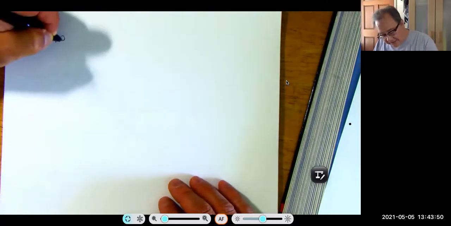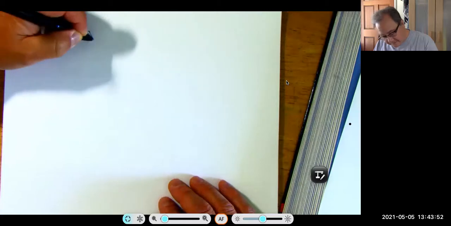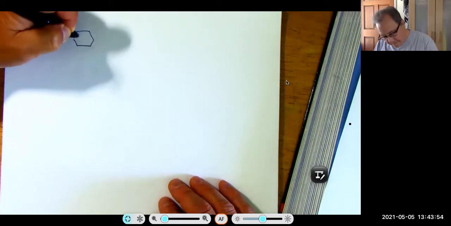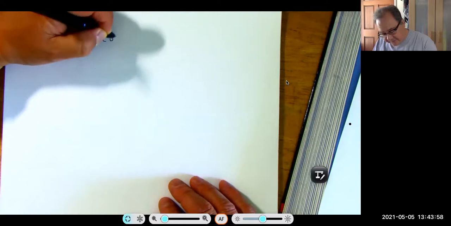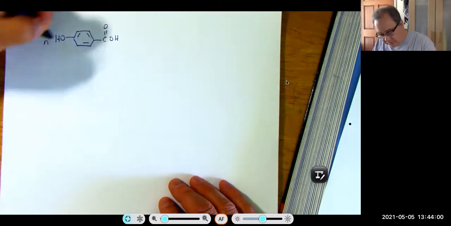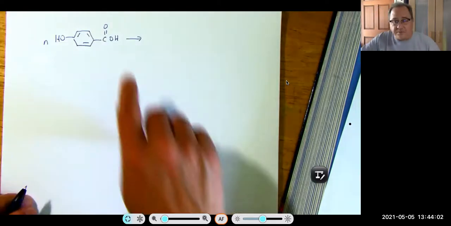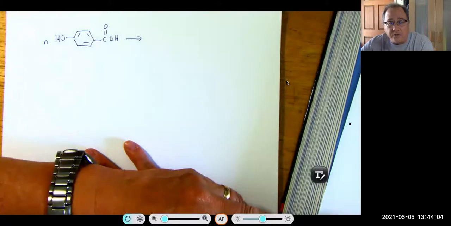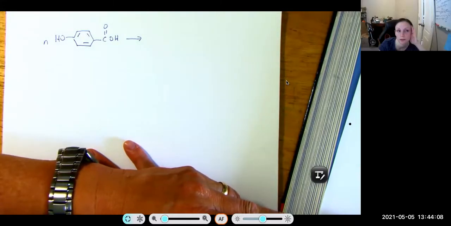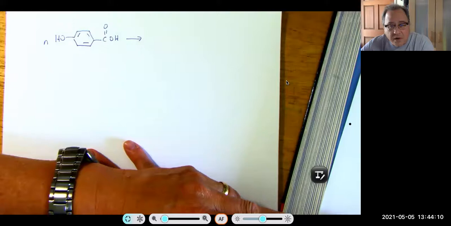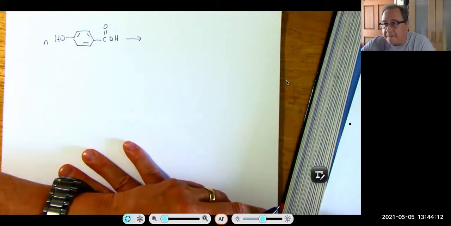Yes. So if we had an alcohol like this and an acid like this, it too could polymerize. What would the polymer look like? Well, we would have an ester. Right. Go ahead and draw your product and then we'll compare answers.